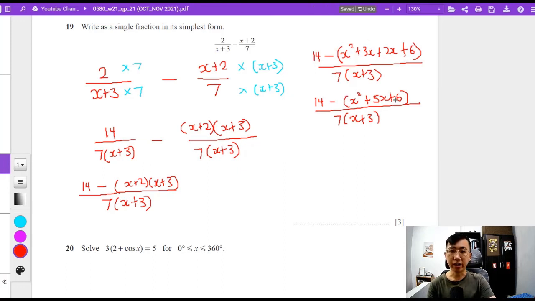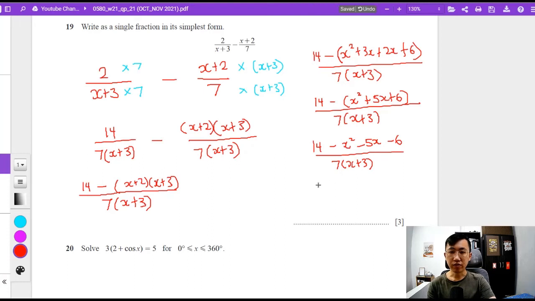Alright, when you put a bracket, right, what you gotta do is you gotta think like there's a -1, you need to multiply in for all this whole bracket thing. So we are going to open up minus x squared minus 5x, notice the sign all changes, so minus 6 over 7x plus 3. Okay, so we need to simplify the top part.